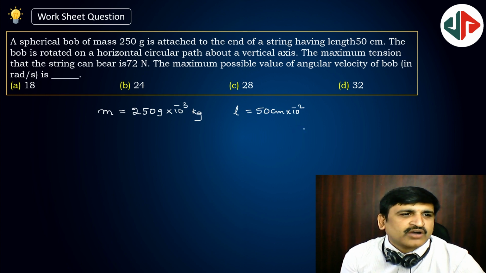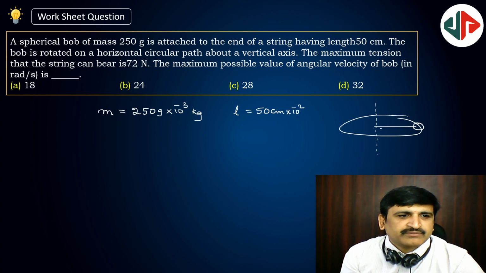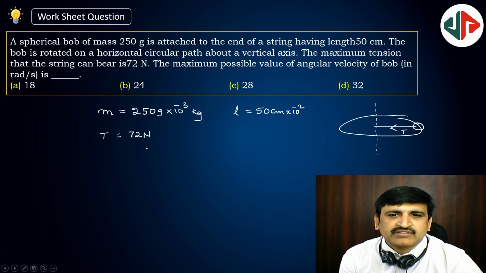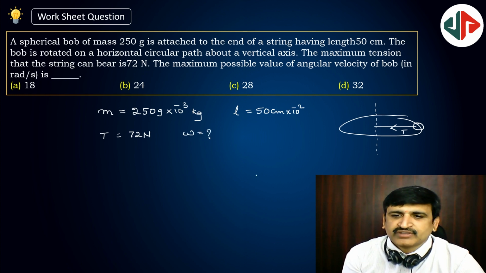Then the bob is rotated in a horizontal circular path with a vertical axis. Then maximum tension is 72 Newton. The maximum possible value of angular velocity omega is equal to question mark.